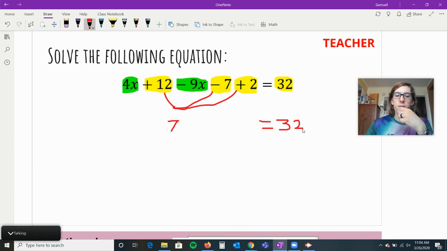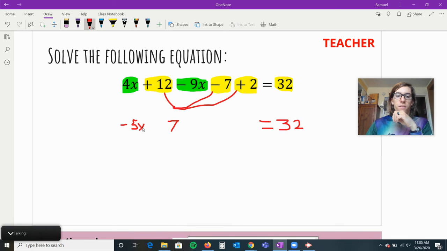All right, and then we have our 4x and our 9x here. It's a negative 9x though. So what would I do if I had 4 x's and I took away 9 of them? Well, if I took away 9 of them, I'd take away 4. That would get us to 0. And then I have to take 5 more than that. So it's going to be 5 in the negatives, right? So let's say negative 5x.